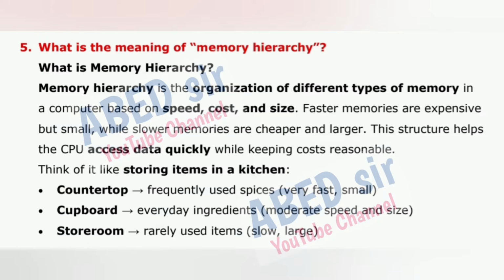This structure helps the CPU access data quickly while keeping costs reasonable. Think of it like storing items in a kitchen. Countertop: frequently used spices, very fast, small. Cupboard: everyday ingredients, moderate speed and size. Storeroom: rarely used items, slow, large.